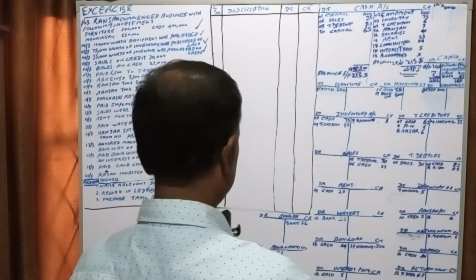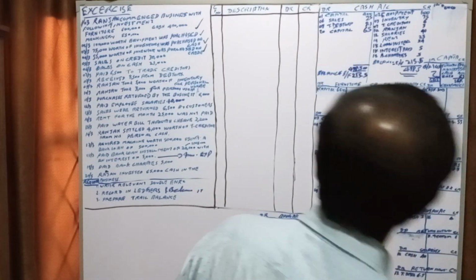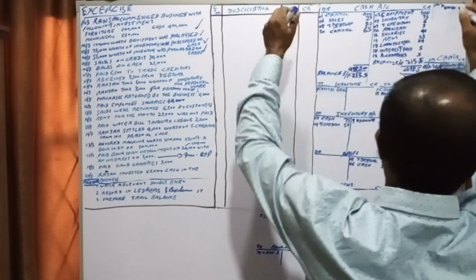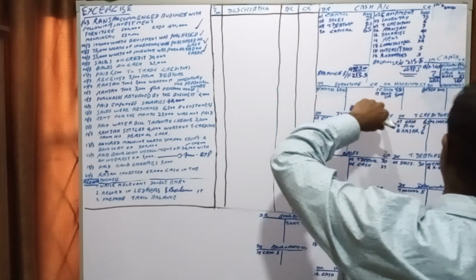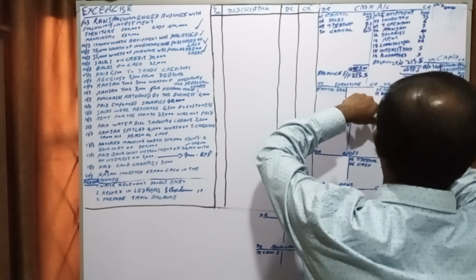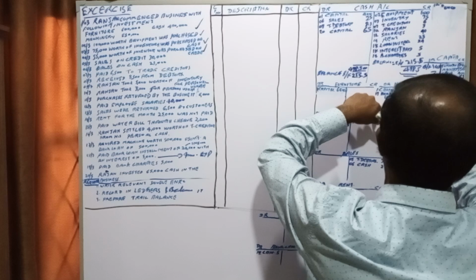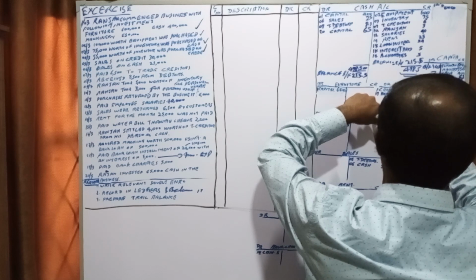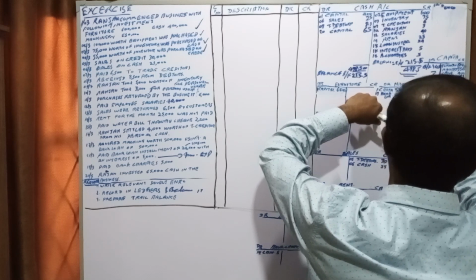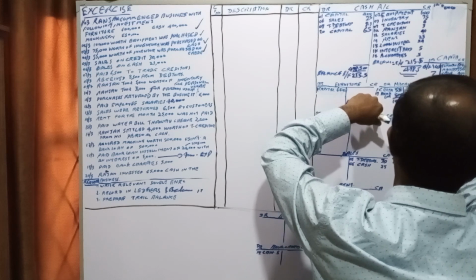Other things we can manage without the calculator. Here you will say machinery 1,050,000. Balance carried down 1,050,000.